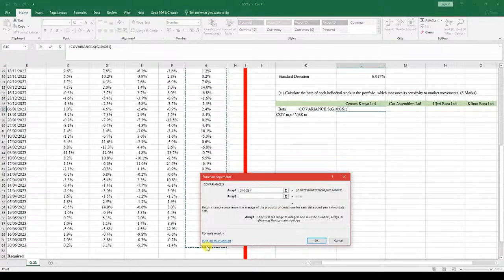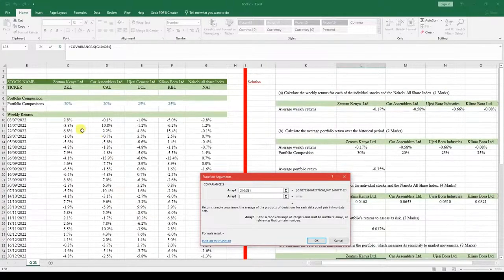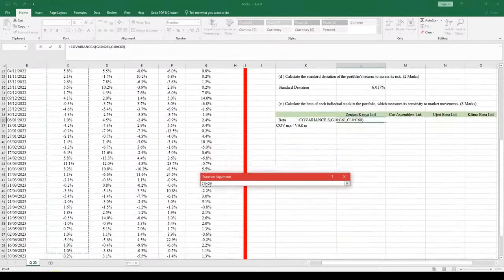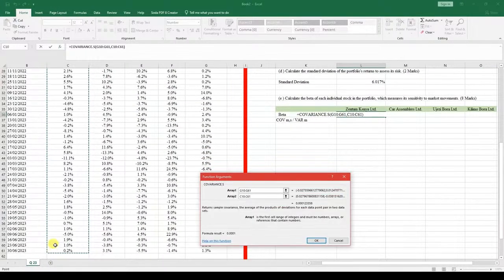On the second array we put the stock itself over here, bearing in mind, covariance of the market and stock like that.